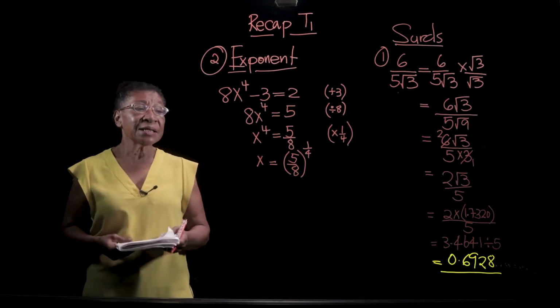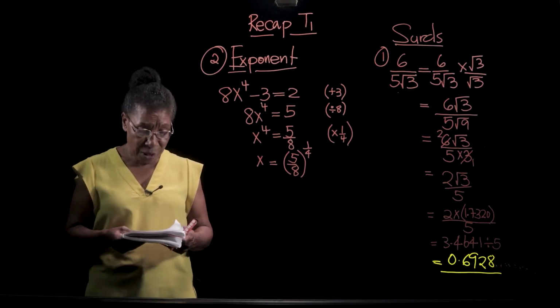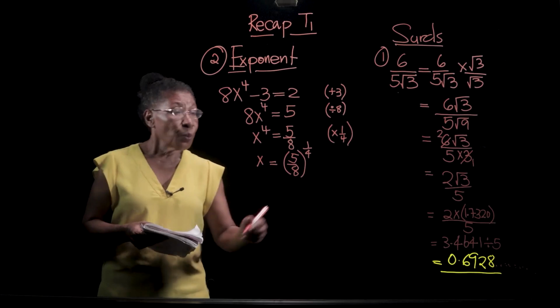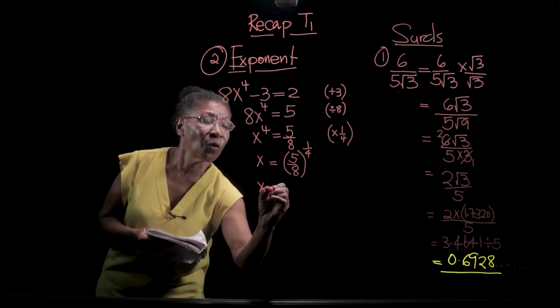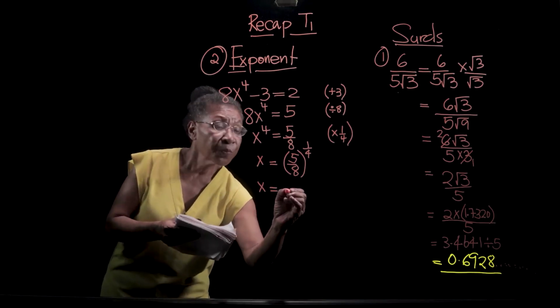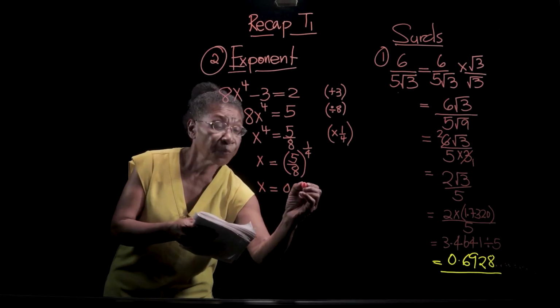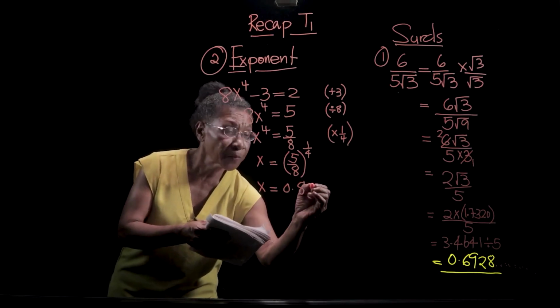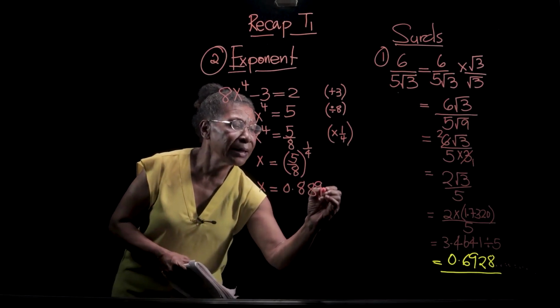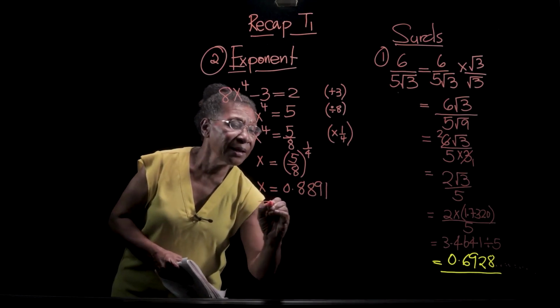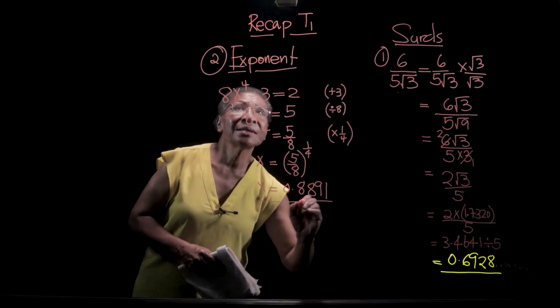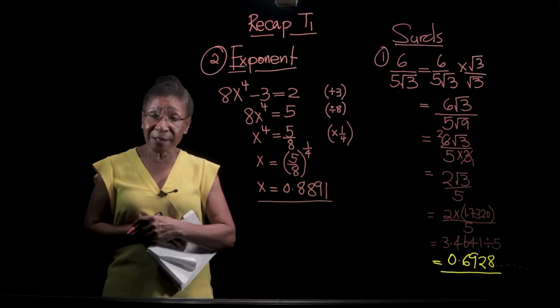And x is equal to 5/8 to the power of 4, which will give us x. Therefore, x is equal to 0.8891. That concludes an example on exponent.